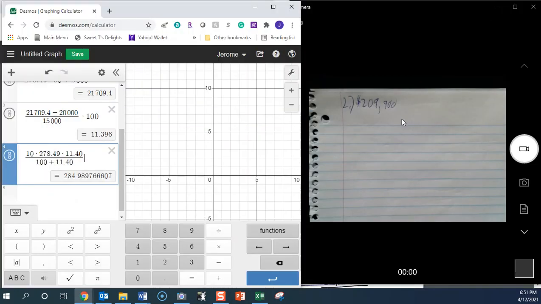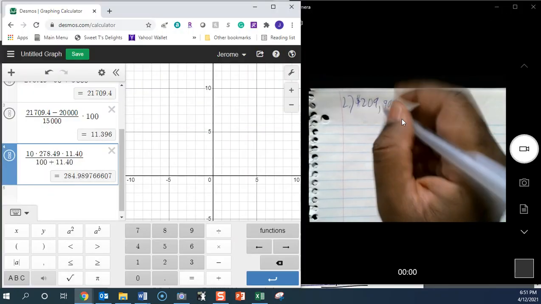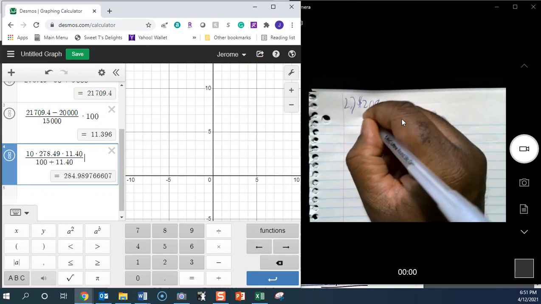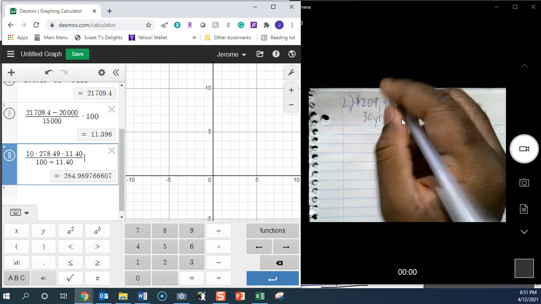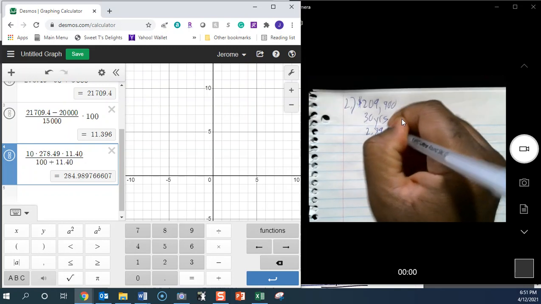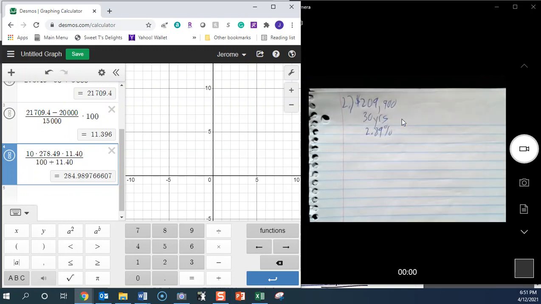The mortgage was $209,900. The term was 30 years, and the interest rate was 2.89%, which is a pretty good rate.